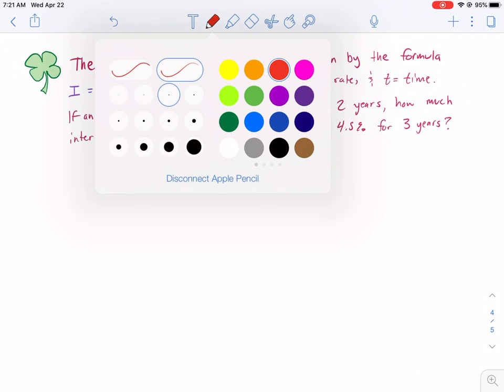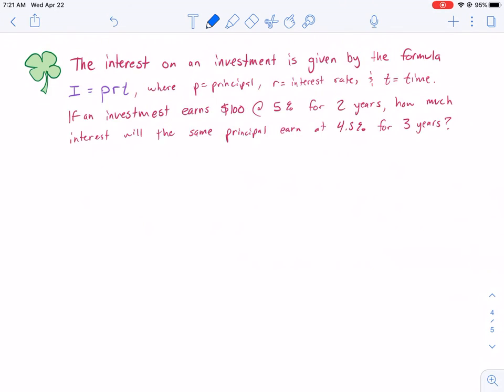So the first thing we have to do is calculate all this for the original 2 years. It says if an investment earns $100, so the earnings is there. I is the earnings. This is the rate, and that stays constant.